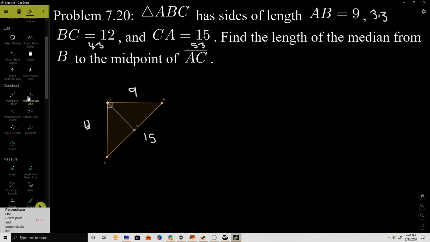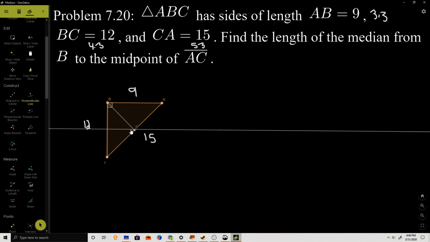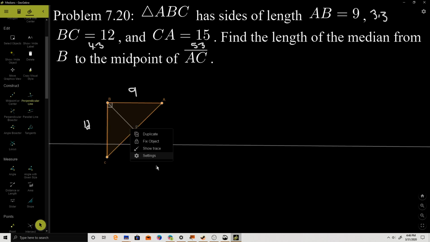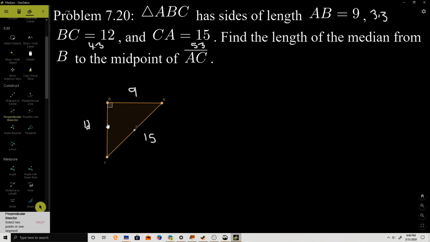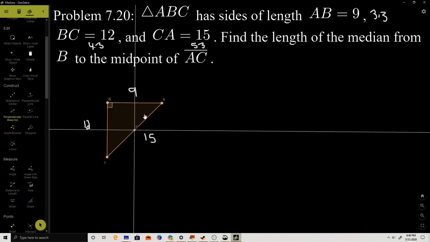Well, we have to do all the perpendicular bisectors. So, we want to draw perpendicular bisectors through those points. Whoa. When we actually draw that perpendicular bisector, it ends up going through B. So, B is on the perpendicular bisector of P.